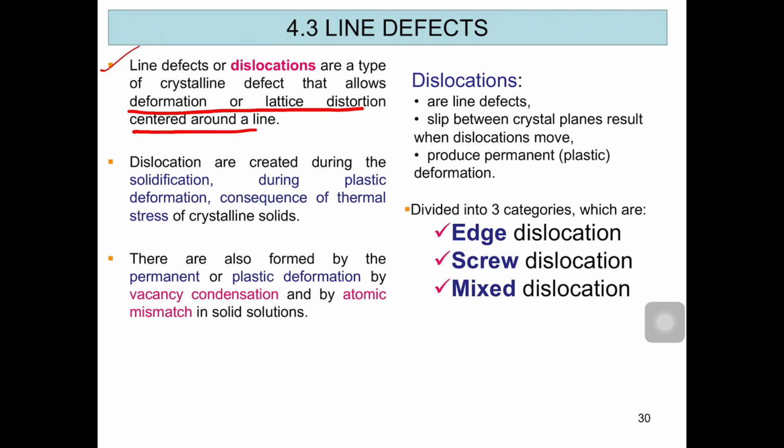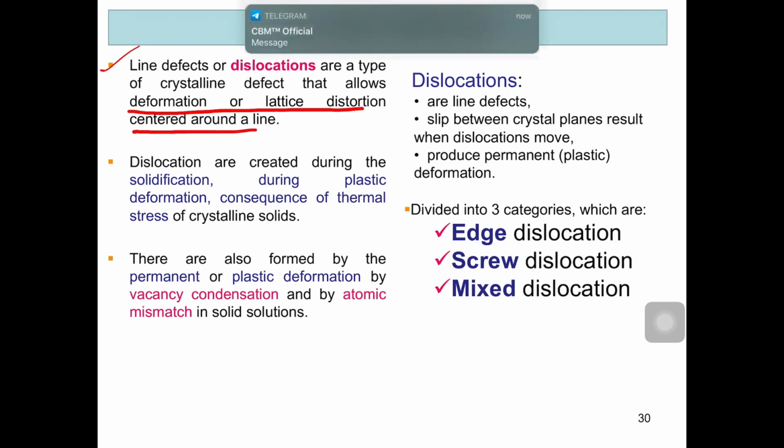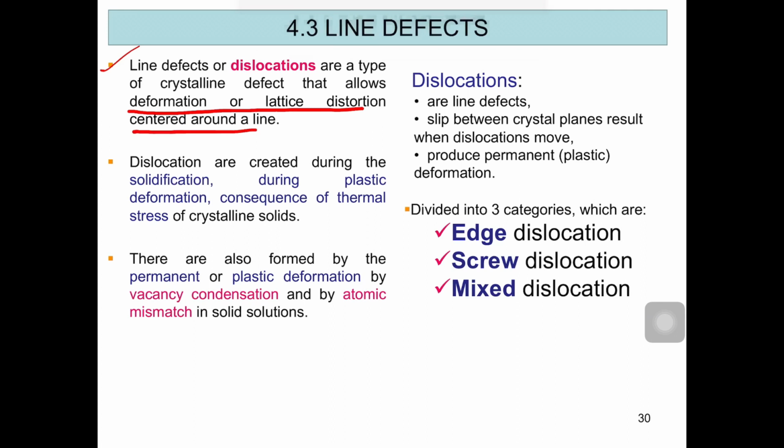What is the definition of a line defect? And then you compare it with the point defects. So what is the definition of point defects? Okay, a point defect is a localized disruption in the perfect atomic or ionic arrangement in a crystal structure.